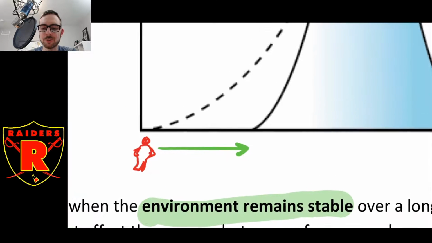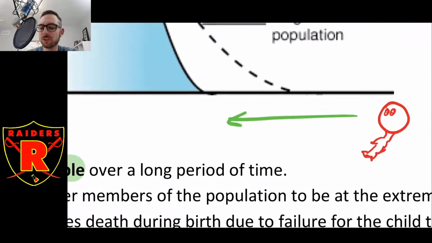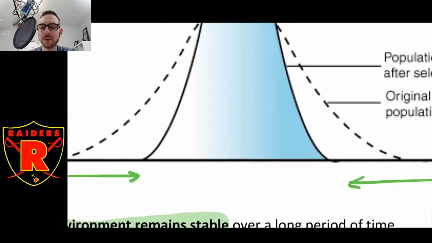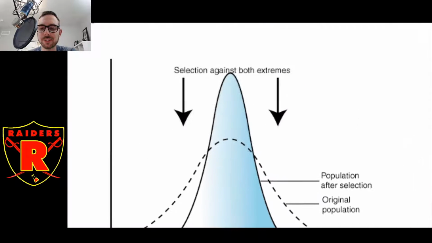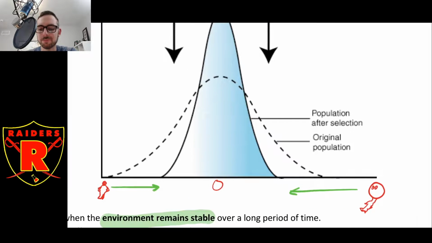So you've got too small, not good, too big, not good, but there is a range of size towards the center that is like medium baby head size, that is the ideal head size. And so you get a stabilizing selection occurring basically for the medium size head.